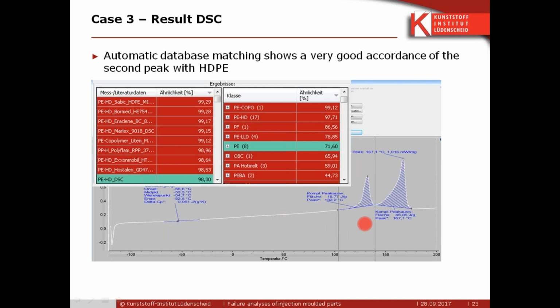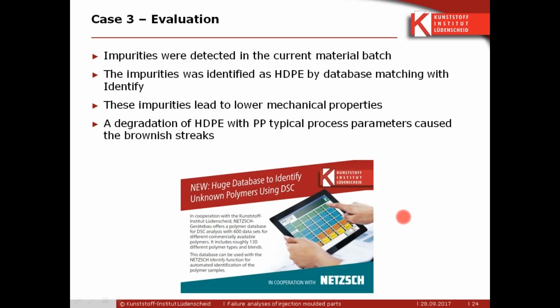So in summary, we have detected impurities in the current material batch, and we also identified it as a PE by database matching.